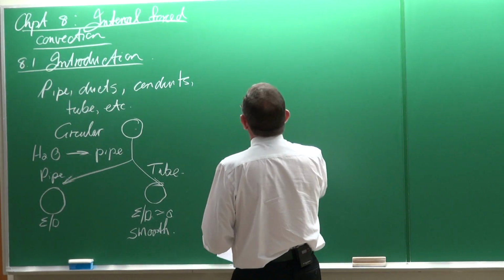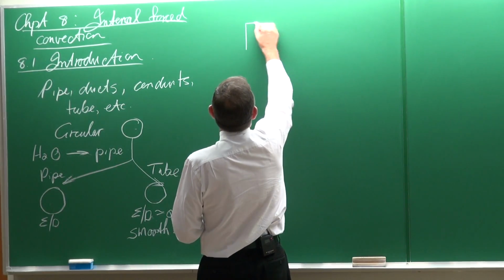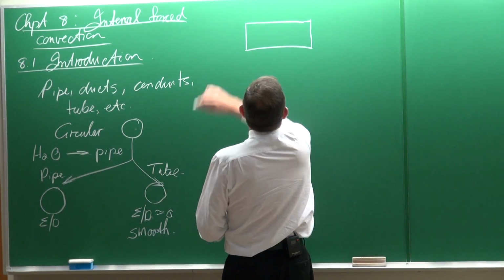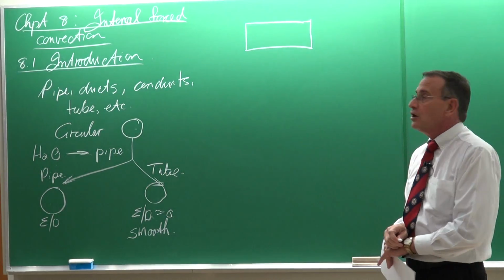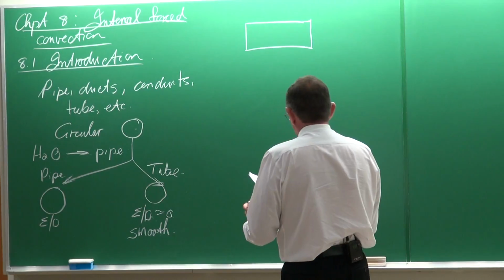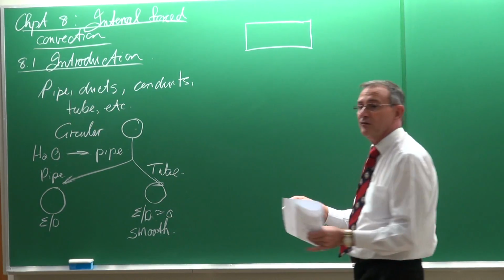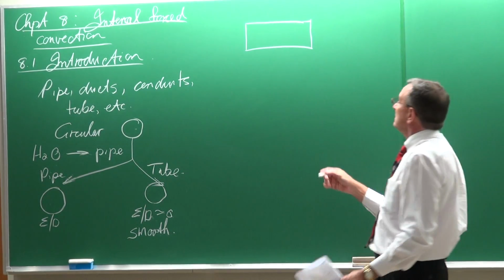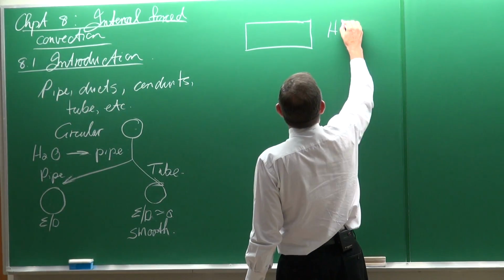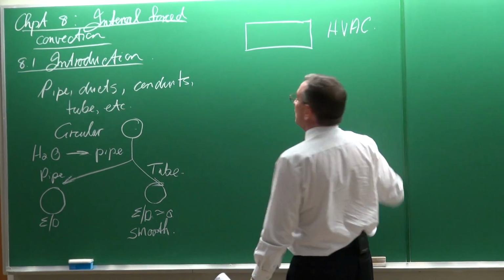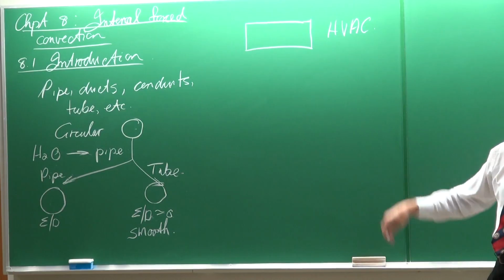Then another type of cross-sectional geometry that you can get is one like that. Normally it is made from galvanized sheets, and it is specifically being used in the HVAC industry, the heating, ventilation, and air conditioning industry in buildings.